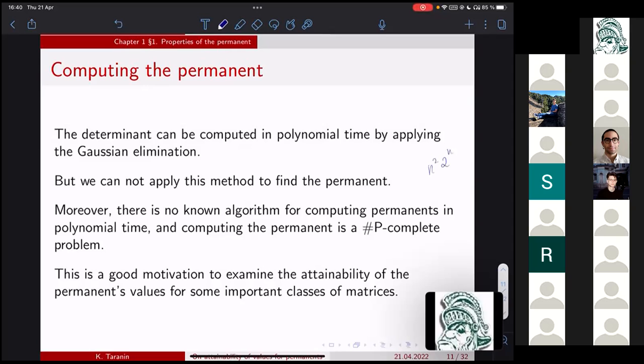Another interesting thing is that computing the permanent is a #P-complete problem. So it makes sense to try to study the values of the permanent when it can be done. For instance, for discrete matrices, 0,1 matrices and -1,1 matrices are the simplest examples. And yet they have a lot of applications.